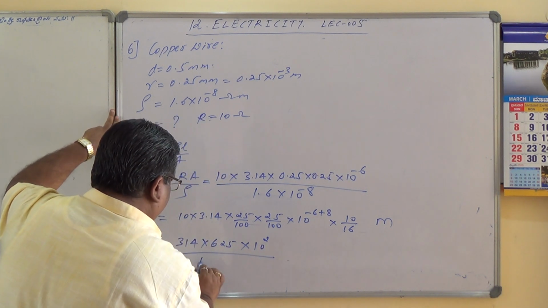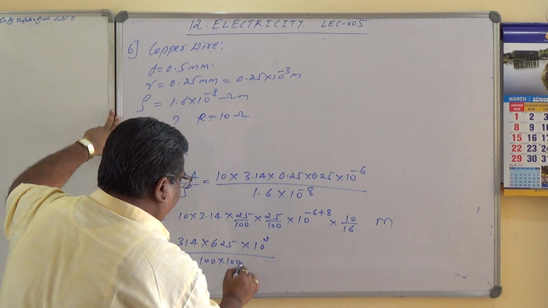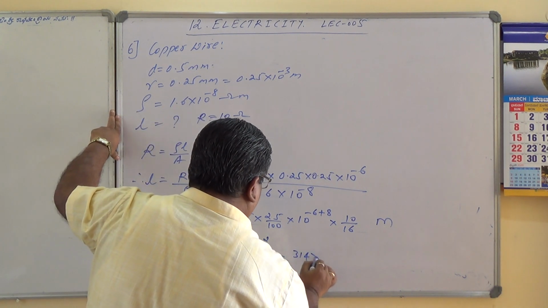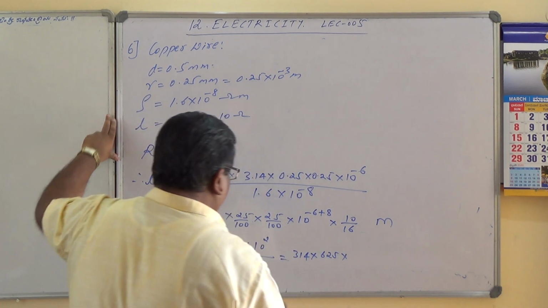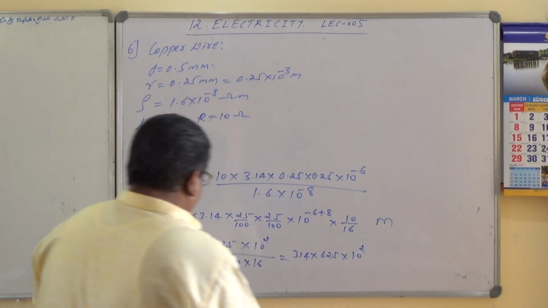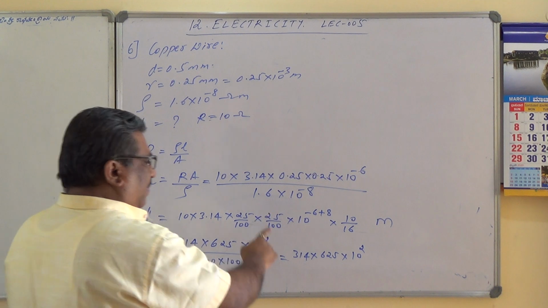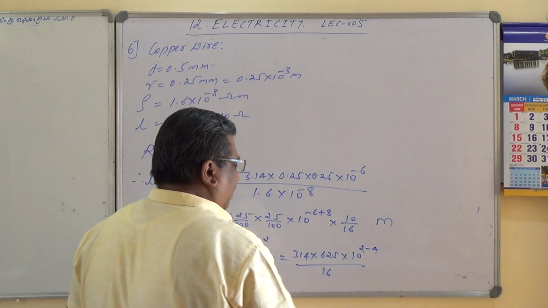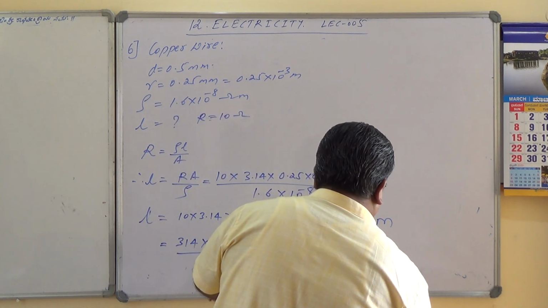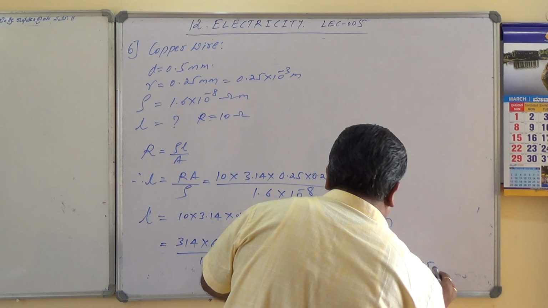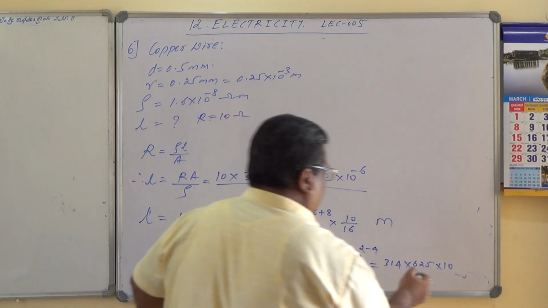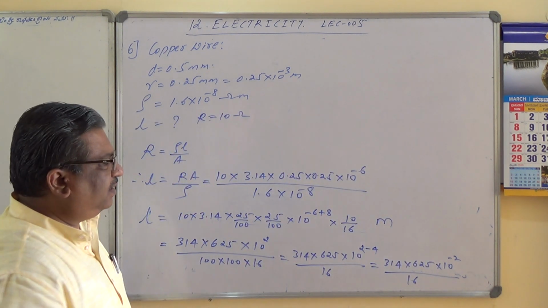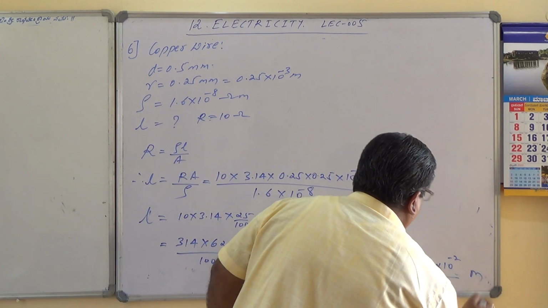The whole divided by 100 into 100 into 16, which equals 314 into 625 into 10 to the power 2, this is 10 to the power 4 goes up, minus 4, the whole divided by 16, which equals 314 into 625 into 10 to the power minus 2, the whole divided by 16. Okay, fine. This is in meters. Now it is correct in meters.